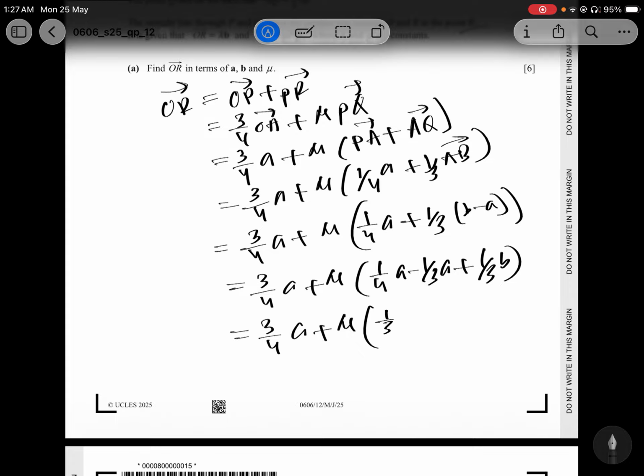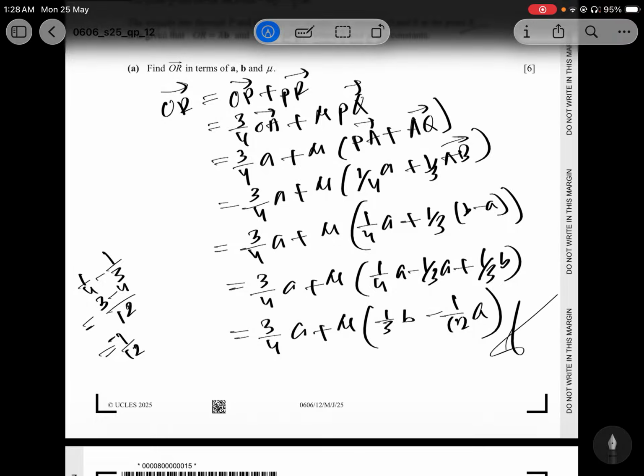So writing it with 12: 1 by 4 minus 1 by 3 is 3 minus 4 over 12, so minus 1 by 12. Yeah, I'm right, that should be the answer.